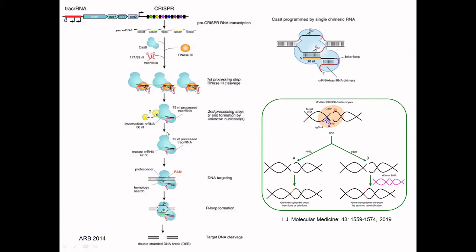After the second processing, you see the tracer RNA here and one of the repeats here, and this is the mature CRISPR RNA that is specific to a specific sequence of a plasmid or a specific genome of a virus.